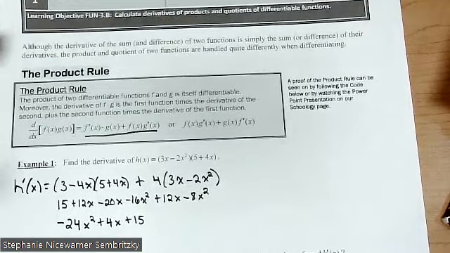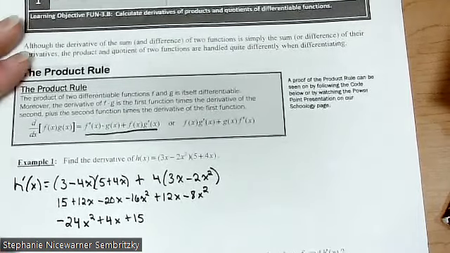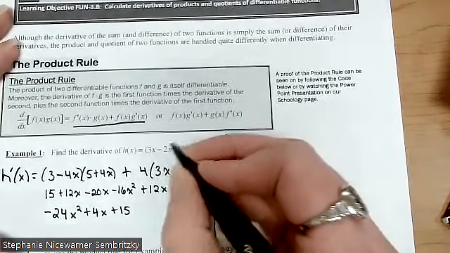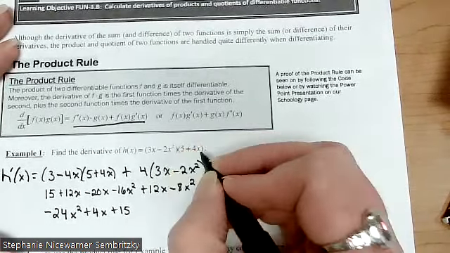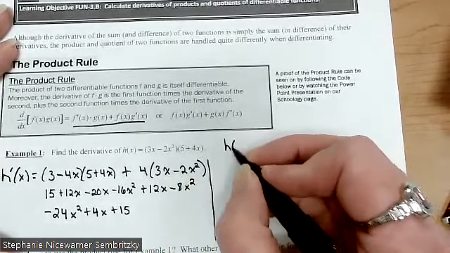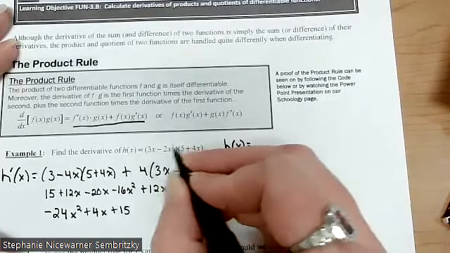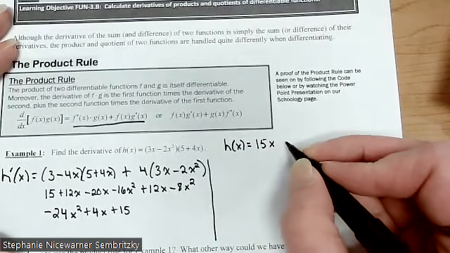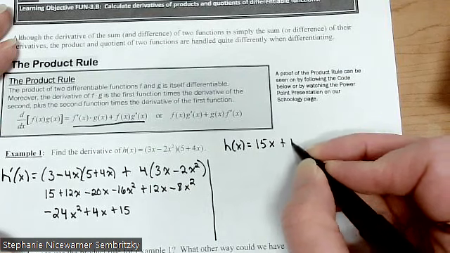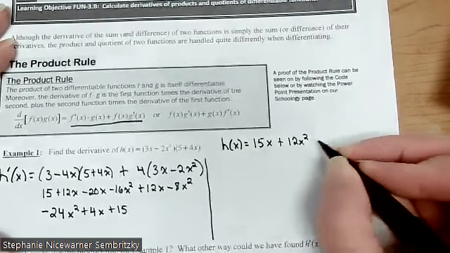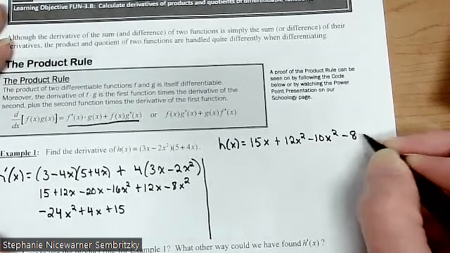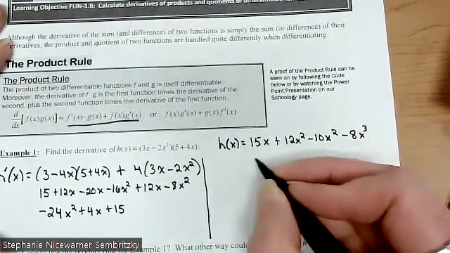Now, you might ask yourself, do we have to use the product rule for that example? The answer is no. I could have distributed h of x and got that h of x was 3x times 5, so 15x plus 12x squared minus 10x squared minus 8x cubed.